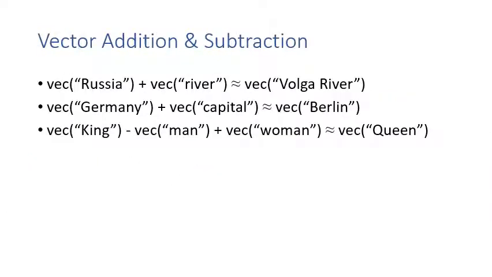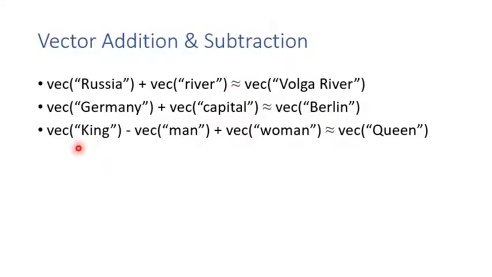The most magical result of Word2vec is that you can do vector addition and subtraction and get meaningful results. Here are several examples. If we add the Russia vector with the river vector, the output is close to the Volga river vector. If we add the Germany vector with the capital vector, the output is close to Berlin.